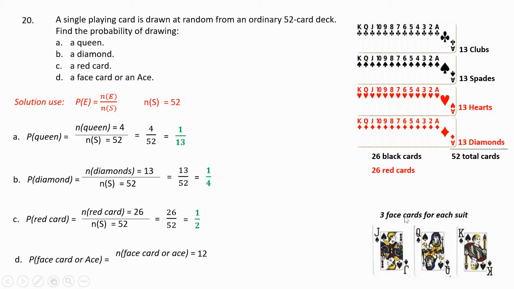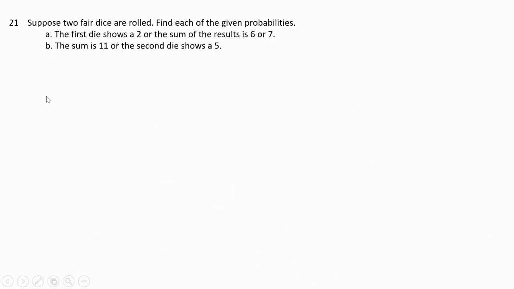How many aces are there? There's 4 aces, 1 in each suit, so plus 4, over the sample space, which is 52. So that's 16 over 52, which gives you 4 over 13. This is the probability that you choose a face card or an ace: 4 over 13.